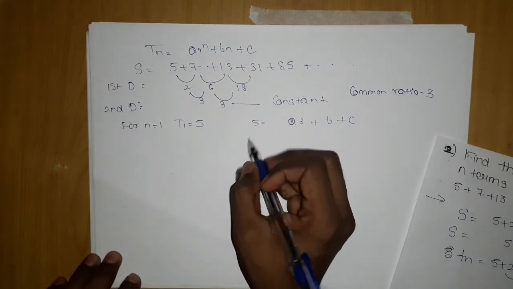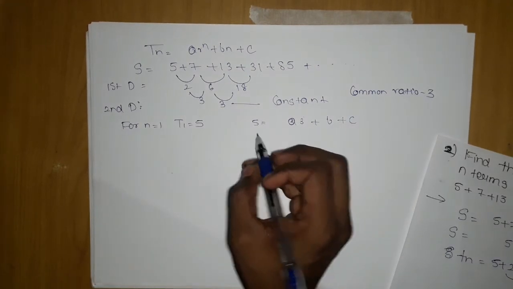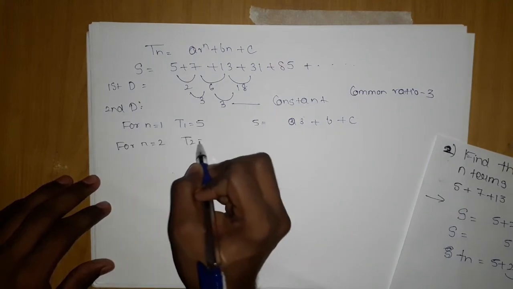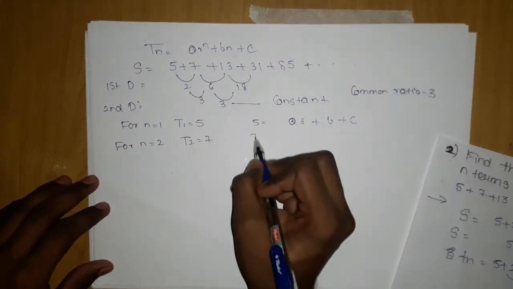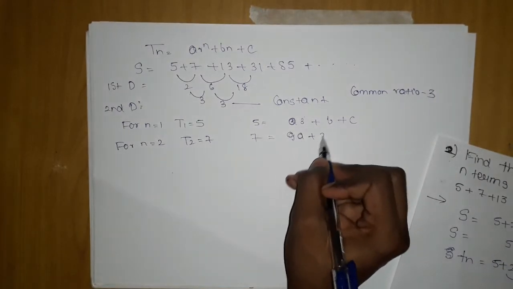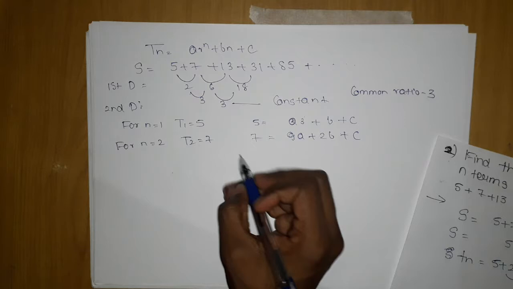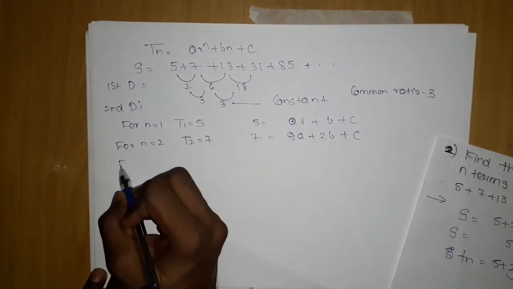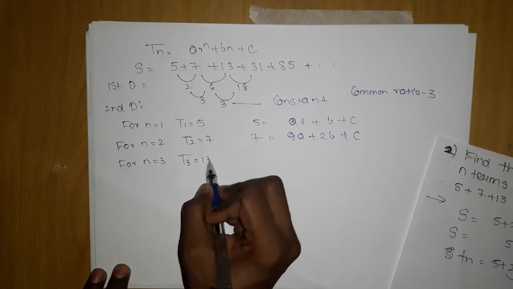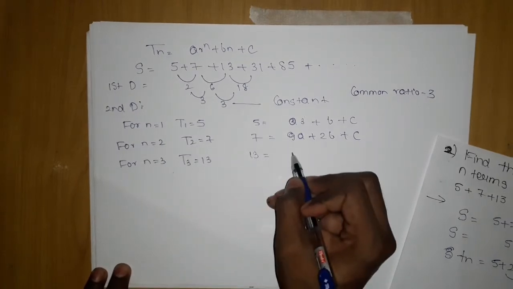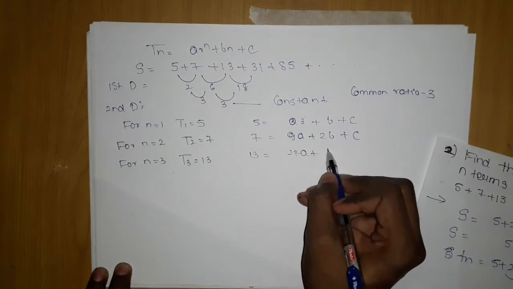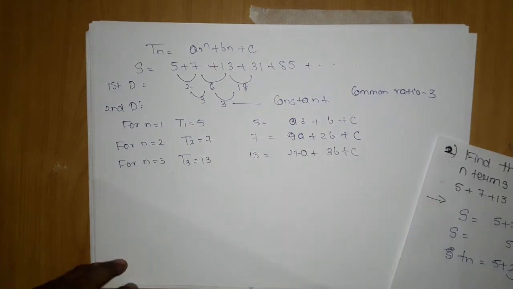That's one. Second, for n equals 2, t2 is 7, so 7 equals 9a plus 2b plus c. Similarly for n equals 3, t3 is 13, which gives 13 equals 27a plus 3b plus c.